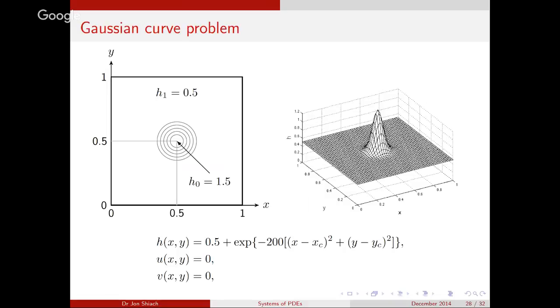Imagine you've thrown a pebble into this water and it's sunk down, gone up, and then the ripples are going to go out. There's a contour plot of the initial conditions. The height in the middle is 1.5. All this water here is at 0.5. The velocity in the X and Y direction is both 0. I just changed the height to be just like a Gaussian curve.